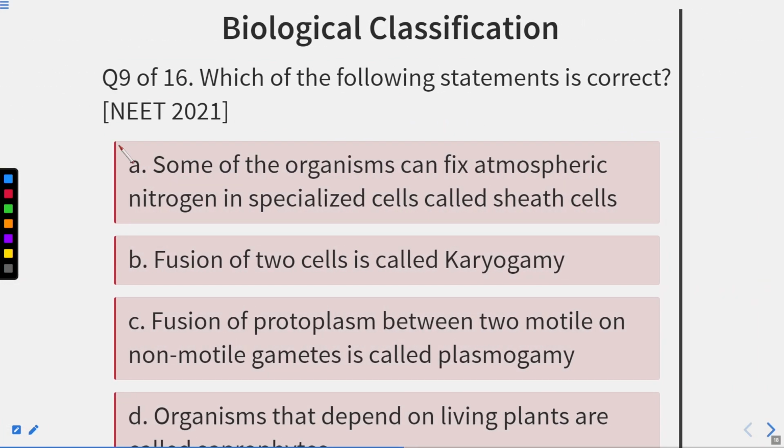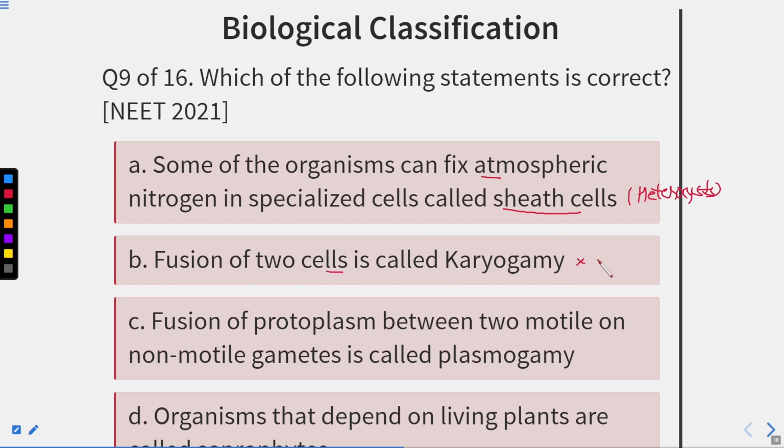Now coming to the next question. Which of the following statements is correct? Some of the organisms can fix atmospheric nitrogen in specialized cells called sheath cells. Not correct. Heterocysts are the specialized cells where nitrogen fixation takes place. Now, second option, fusion of two cells is karyogamy.